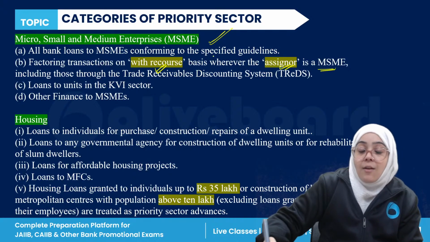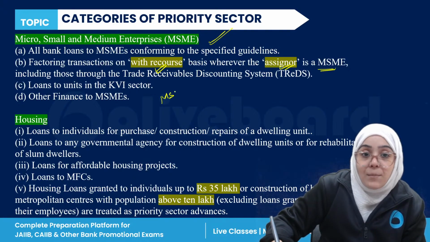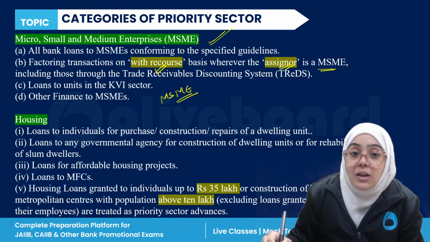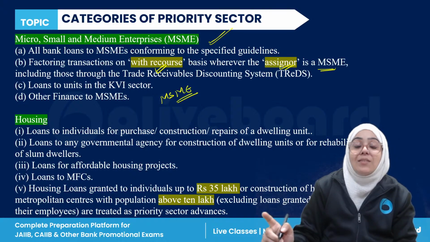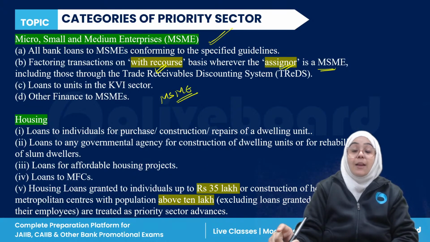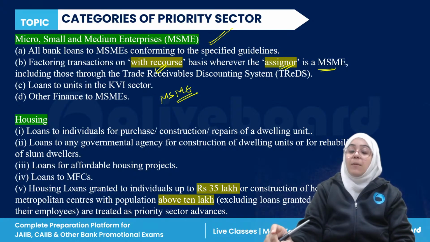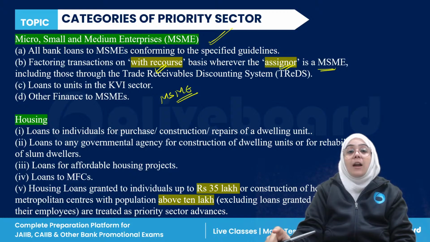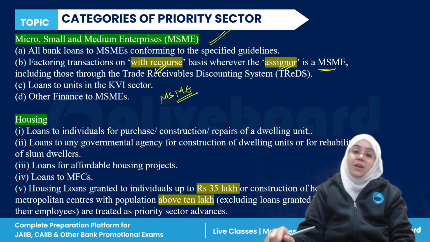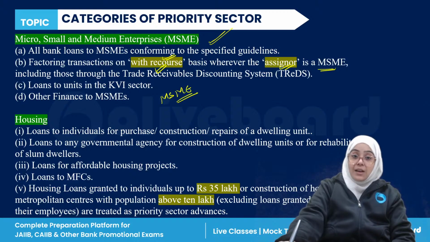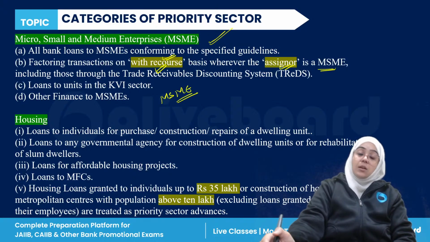It means that when a loan has been given to micro, small and medium enterprises, and there is forfaiting on this transaction, then if the forfaiting agency cannot recover the complete payment from the debtor, they can demand repayment from the seller. When they demand repayment from the seller, it is known as with recourse.